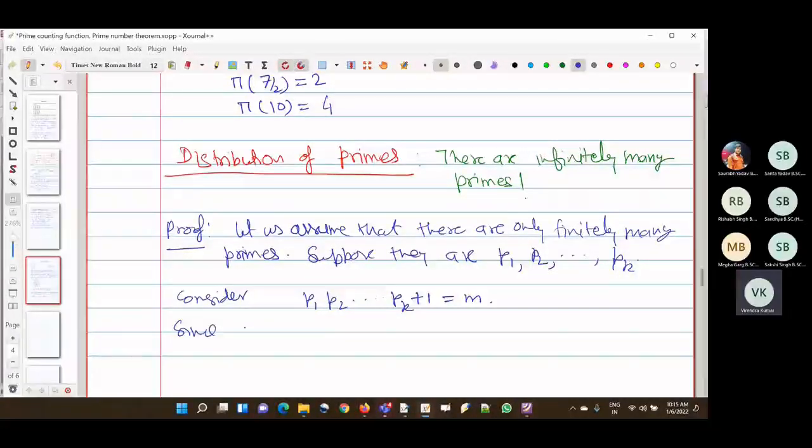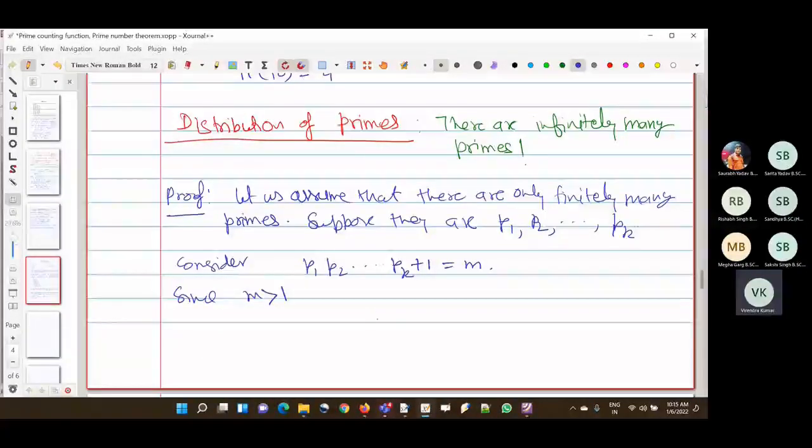Since we are adding 1 here, and P1, P2, Pk are prime, M is certainly going to be greater than 1. Okay, greater than 1.